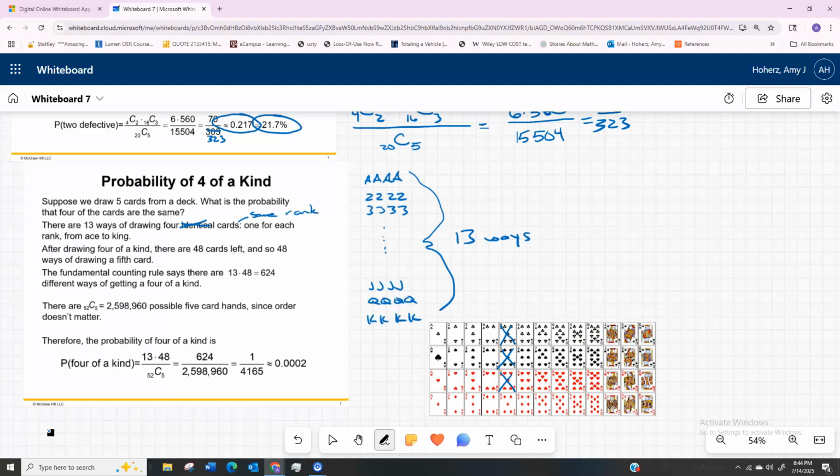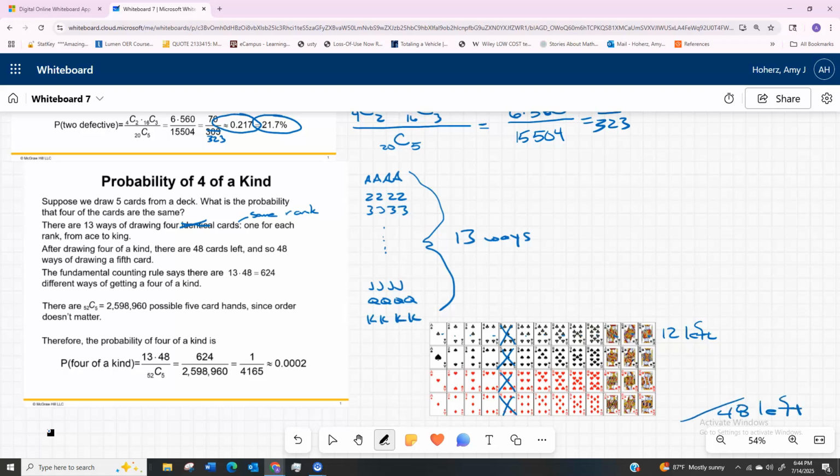Because we've taken out those 4 cards, instead of a total of 52, we now have a total of only 48. We have 12 left in each suit. So 1, 2, 3, 4, 5, 6, 7, 8, 9, 10, 11, 12. So we only have a total of 12 remaining in each suit for a total of 48 that are left.